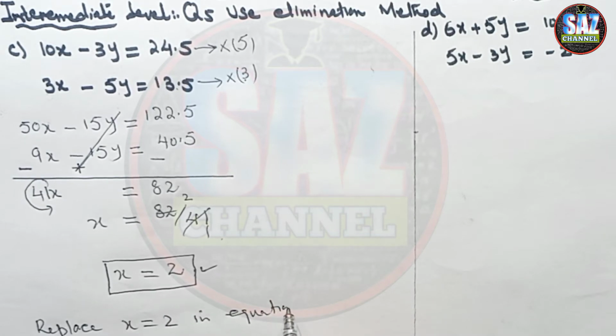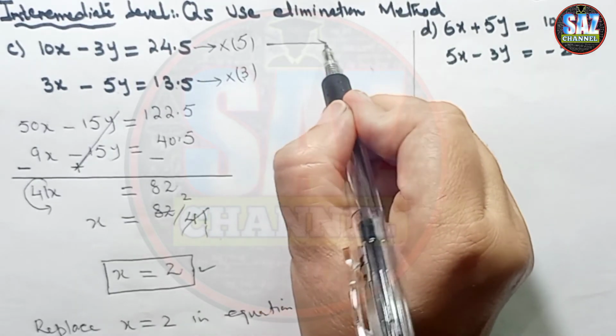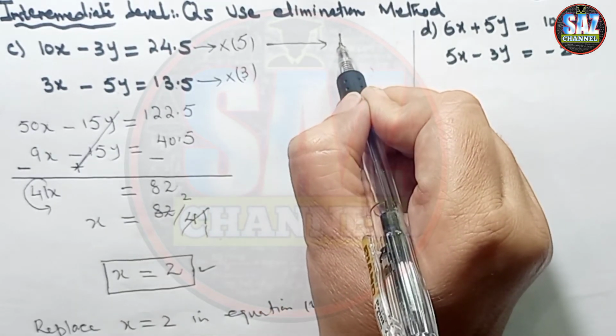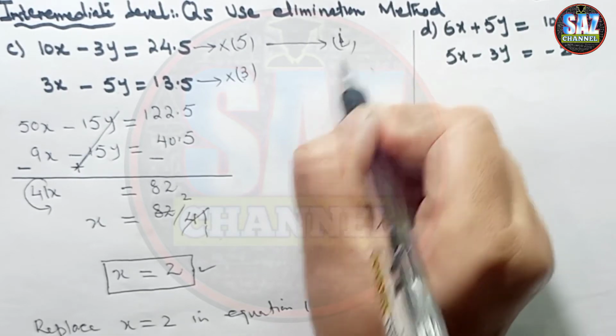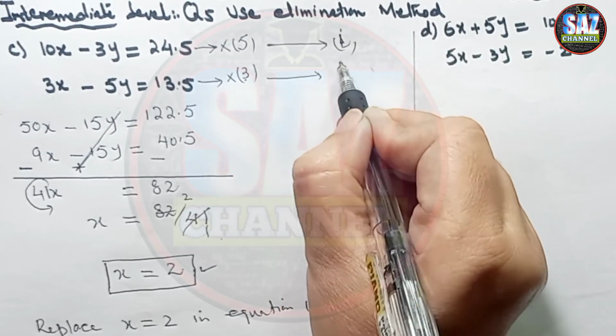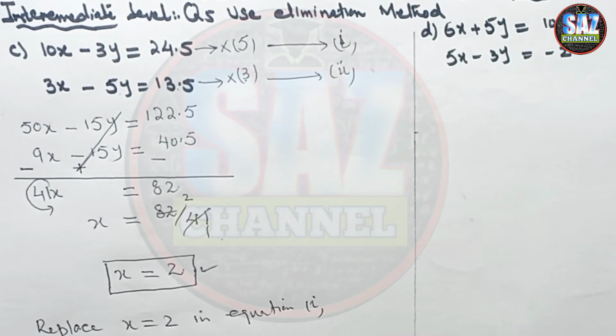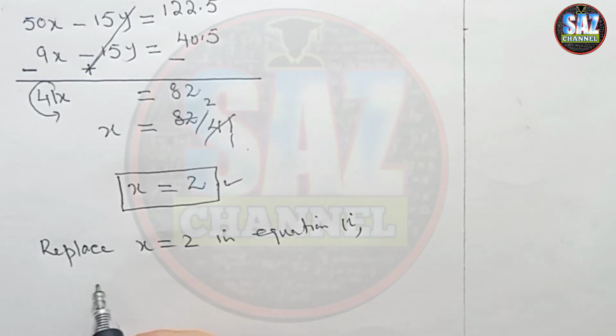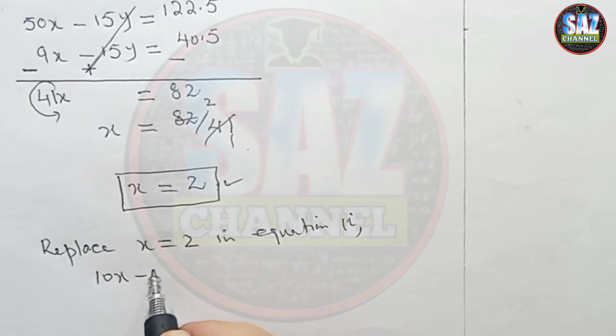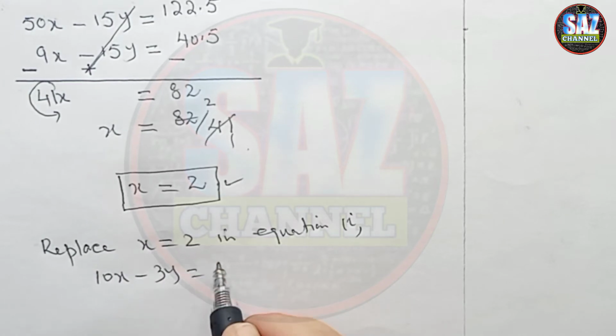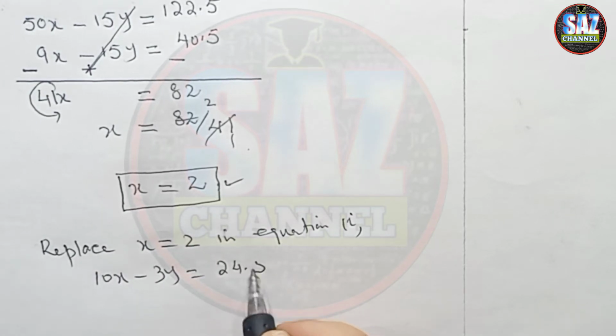So this is my equation 1, and this is the equation 2. It's good to give these type of references in your working for the examiner. So equation 1 will take the form 10x minus 3y equals to 24.5.